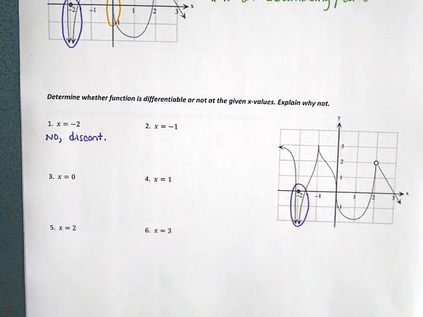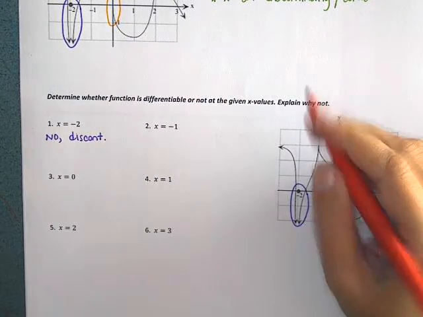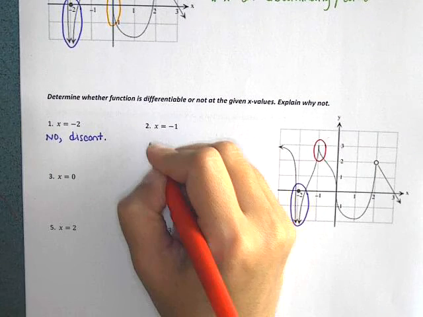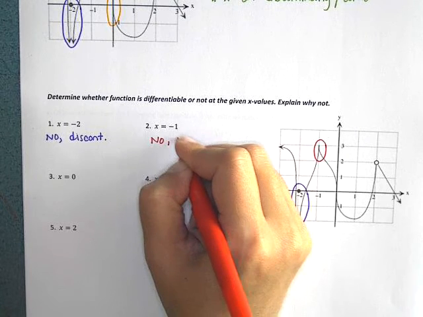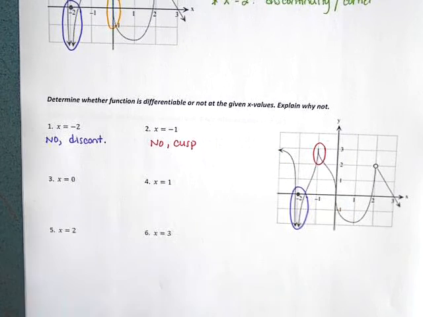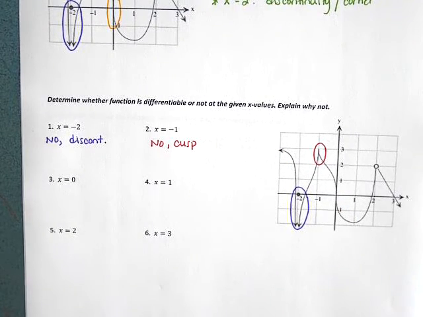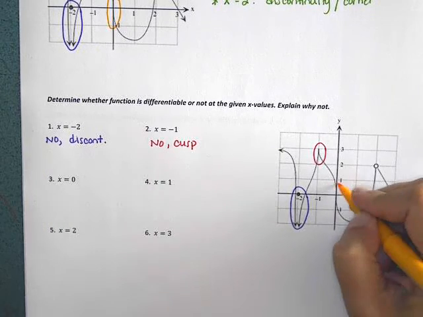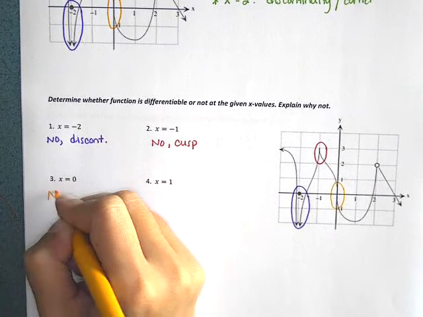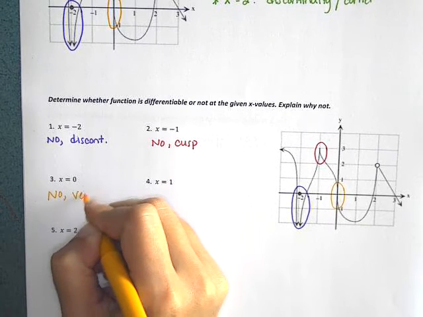But if we look at -1, we would say not differentiable because there's a cusp. If we look at 0, we would say not differentiable because there's a vertical tangent.